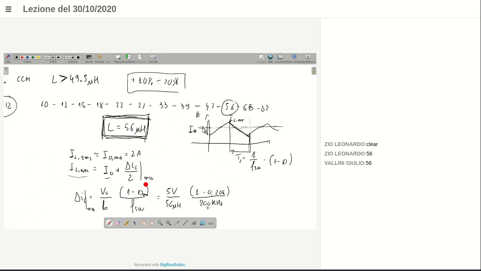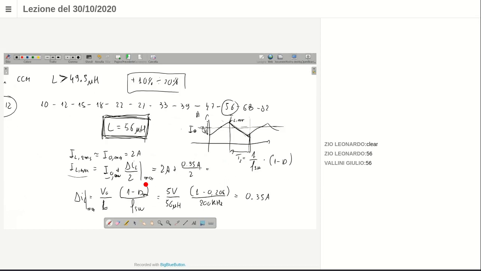If we put in all the numbers and calculate this expression, we get that the ripple is 0.35 amps. So the maximum current is 2 amps, the maximum load current, plus 1/2 of the ripple, so 0.35 amps divided by 2.